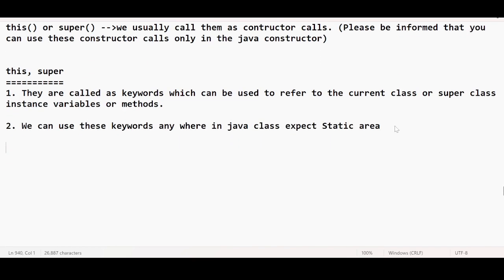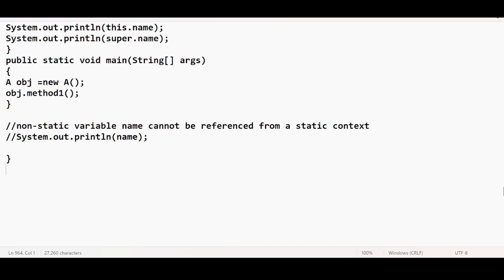It's an example. Then the third point says this keyword or super keyword we can use any number of times. There are no restrictions on the number of times you use them, and we can use them anywhere in the method or anywhere with the variable. It does not have to be in the first line or the second.